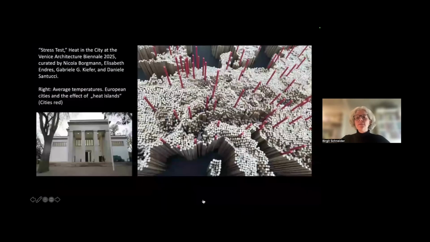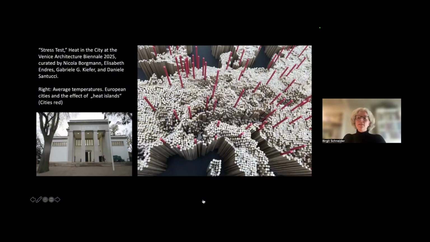And also at the Venice Biennale, the German pavilion was done by Nicola Borgmann, Elisabeth Endres, Gabriele Kiefer and Daniele Santucci. They had this exhibition on stress test. This is a data sculpture for the concept of heat islands.